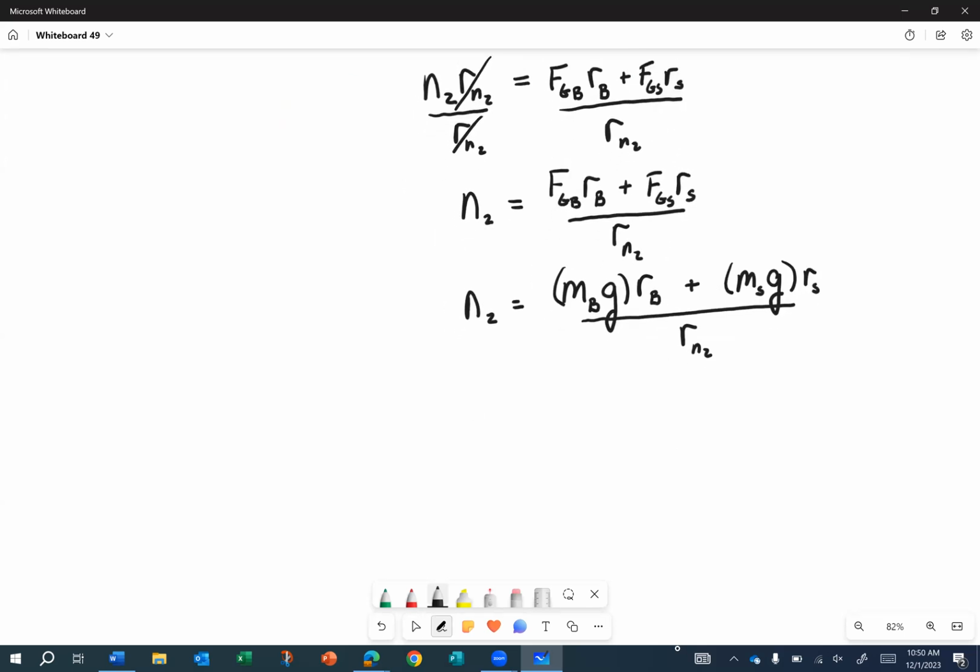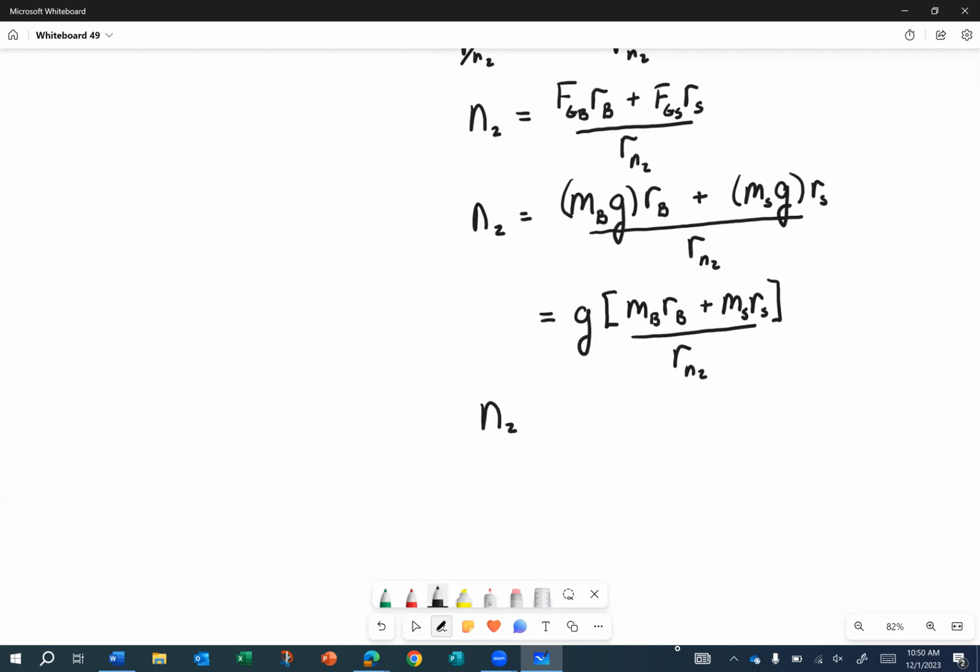So I'm just going to factor out the g because it's with each term. I'm going to say g times mass of the beam, r of the beam, plus mass of the student, r of the student, all over r N2.